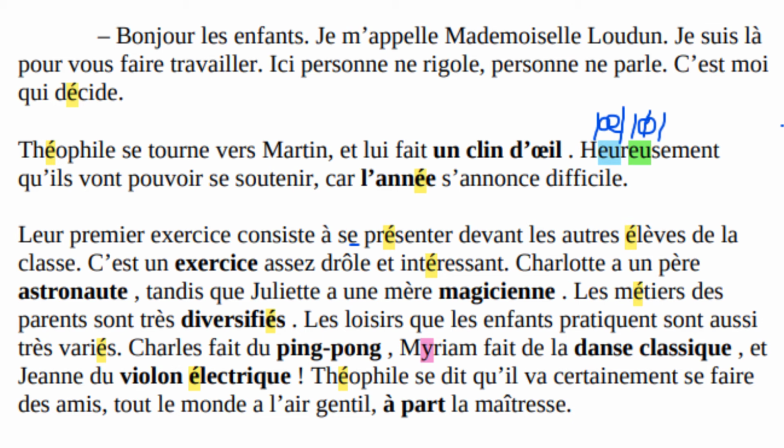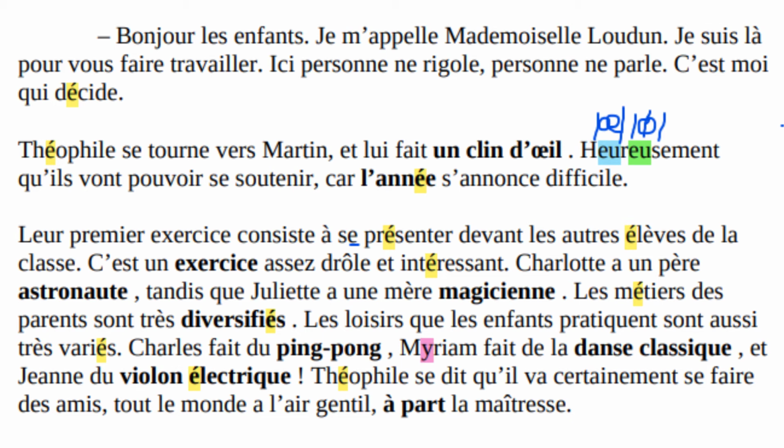S'annonce difficile. Le premier exercice consiste à se présenter. So we have our S plus E, we have se, and we have our pré E. Can we hear the A sound? Pré, A accent aigu, de zante. Devant les autres élèves.